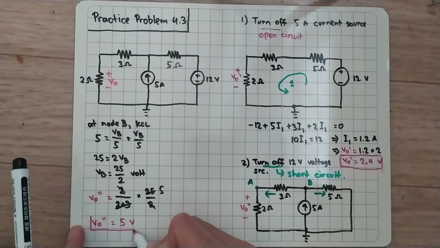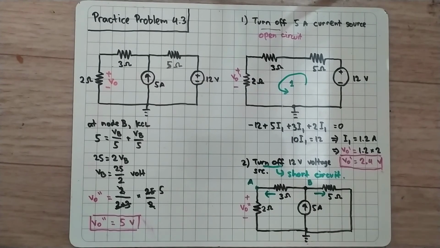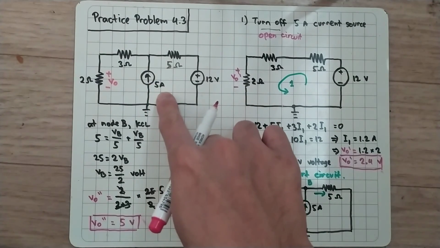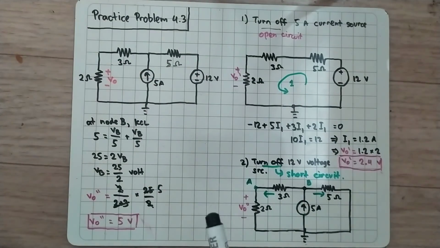Okay, now we have the two results here. V0 prime is when the 5 ampere current source is turned off, and 5 volt is when the 12 volt voltage source is turned off. And how to find the final value of V0? We just add them.